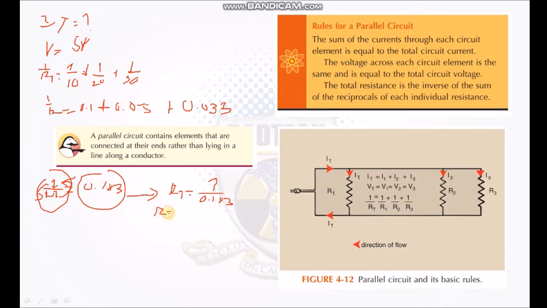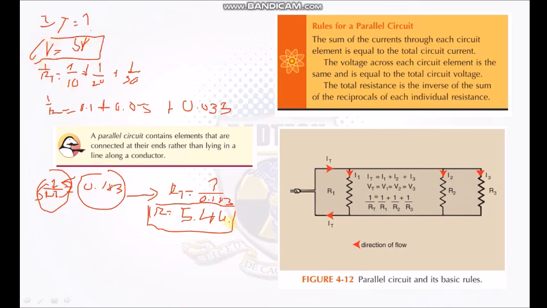RT is equal to 1 divided by 0.183, equal to 5 point, let's try to put only 2 decimals, 5.46. Okay. So you have the volts here, 5 volts.